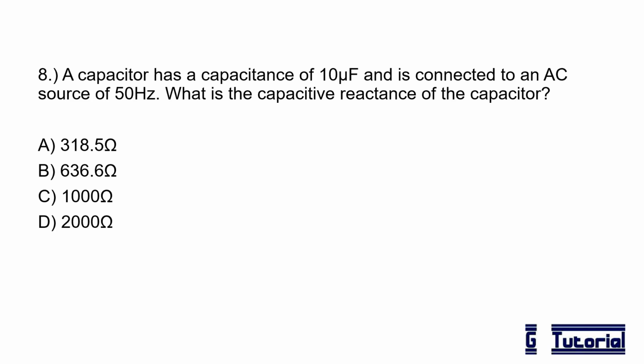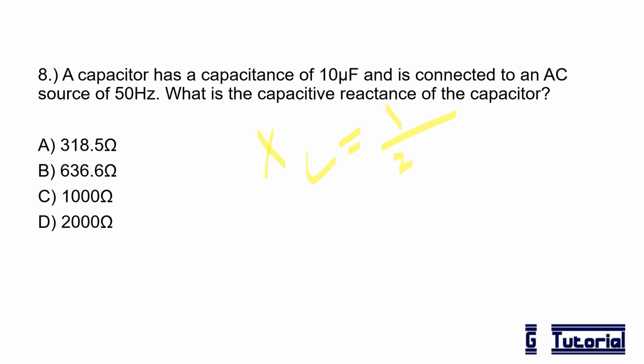A capacitor has a capacitance of 10 microfarad and is connected to an AC source of 50 Hz. What is the capacitive reactance of the circuit? Capacitive reactance Xc is given by 1 by omega C, where omega is 2 pi f.